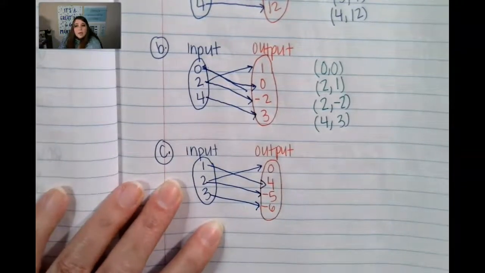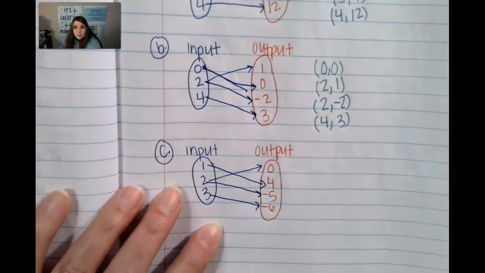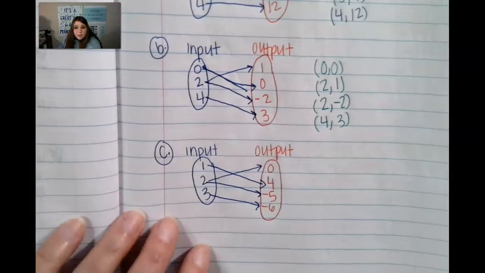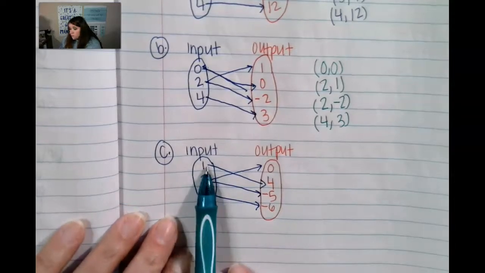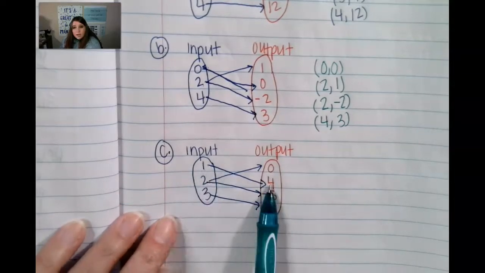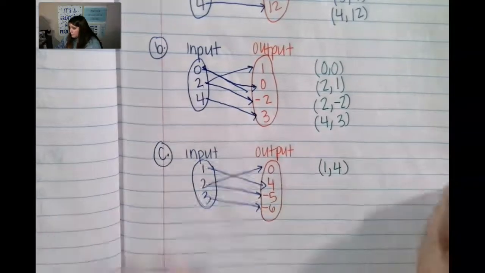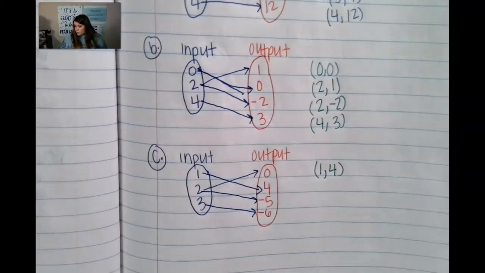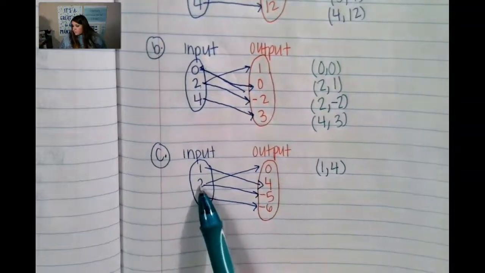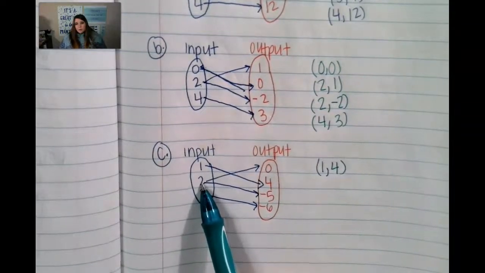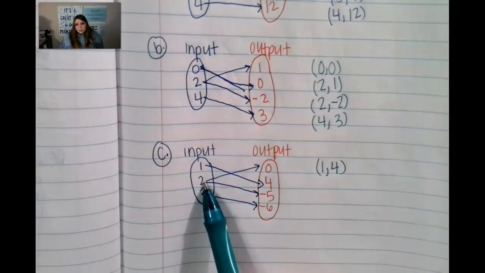So let's go ahead and do our ordered pairs. So the ordered pairs that we can create from this one, just follow the arrows. I start at 1, I hit the 4. So I have 1, 4. That's my first ordered pair. My second one, my input or my x value is 2.